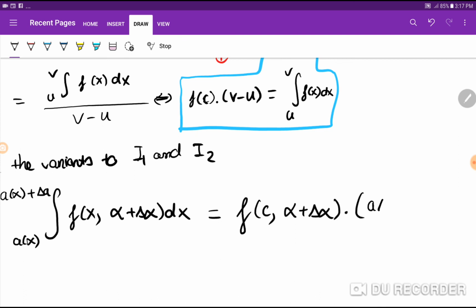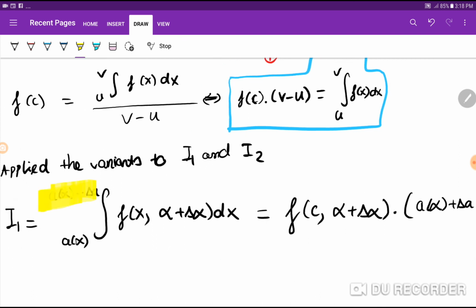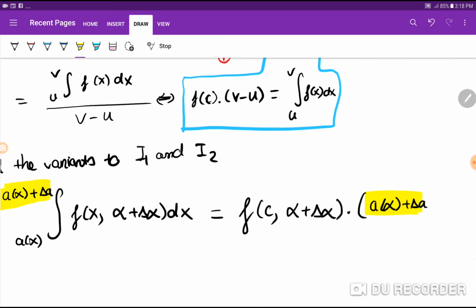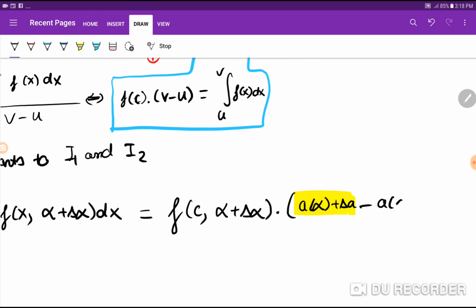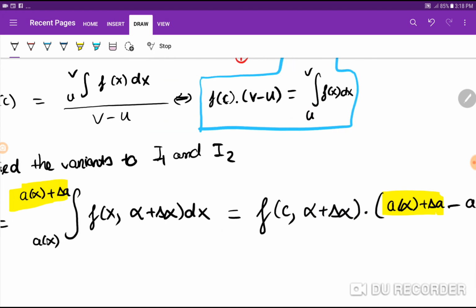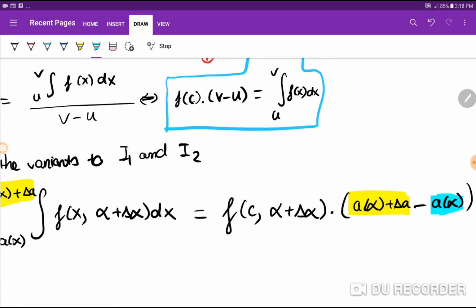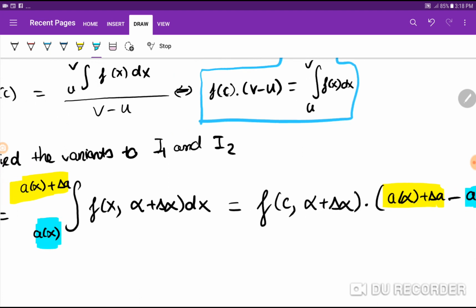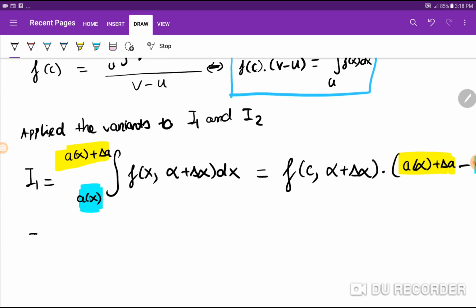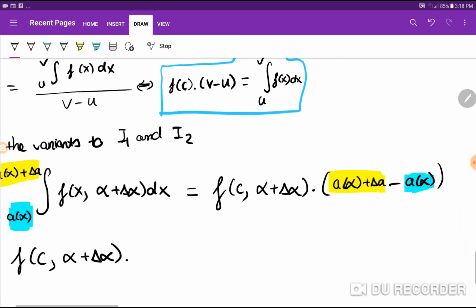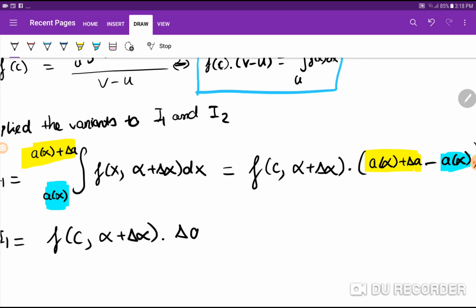V is A(alpha) plus delta A, the upper bound, minus A(alpha), our lower bound. So I1 equals f(c, alpha plus delta alpha) times delta A.